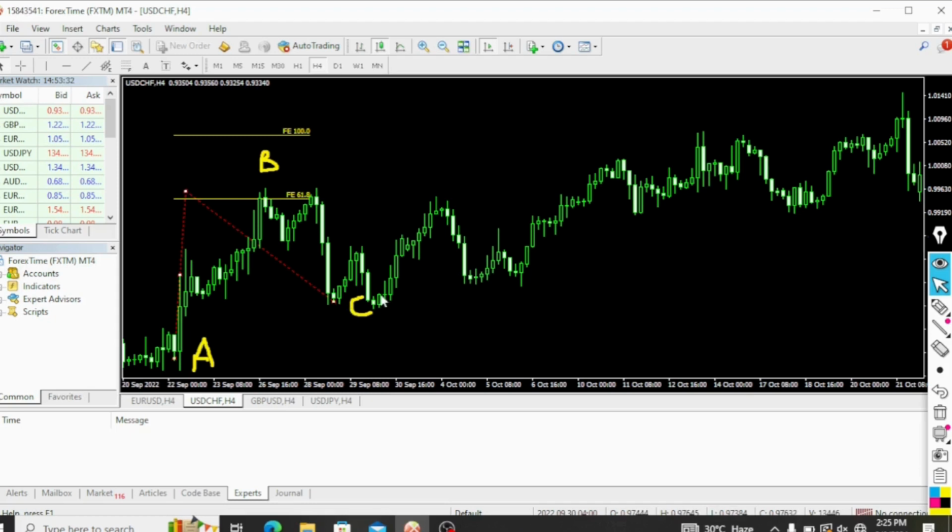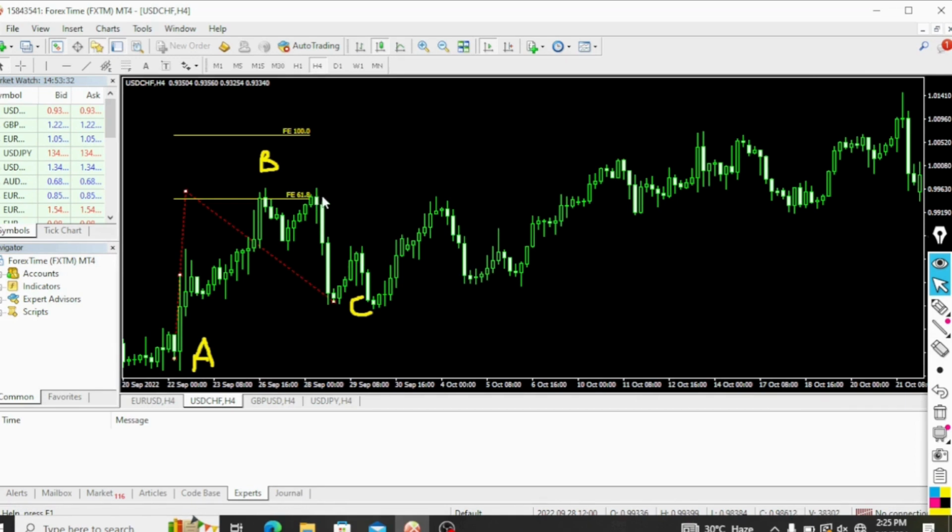So that being the case, our first profit target should have been at Fibonacci extension 100. 100 should be our first profit target. This 61.8 you are seeing here is to give you 1:1 ratio of profit. So if you make your first target 61.8, it means that what you gain is what you would have lost. But that's not what we are looking at.